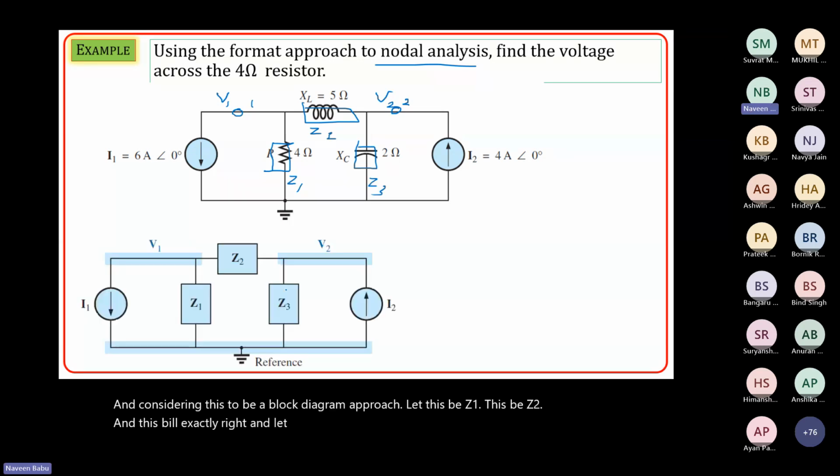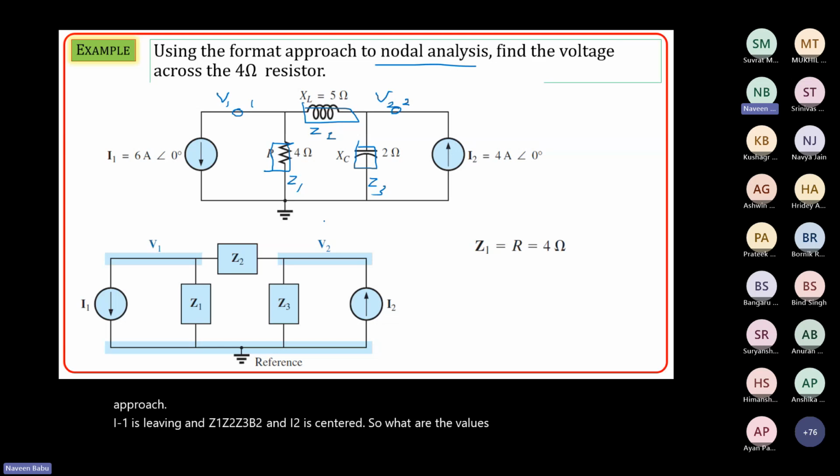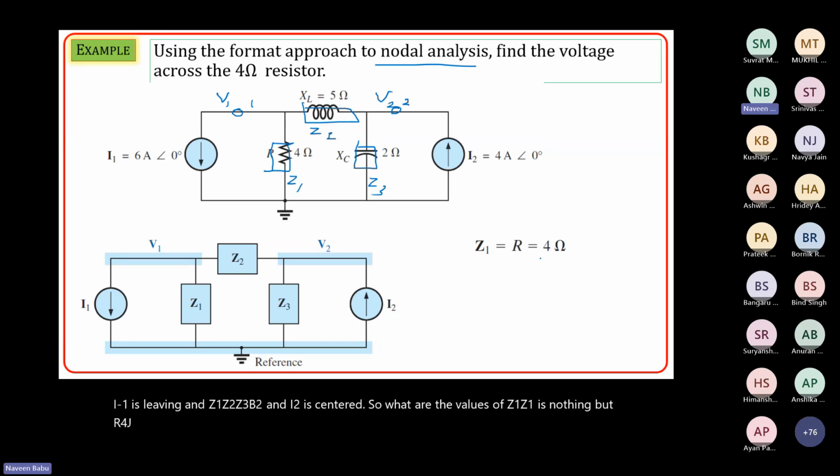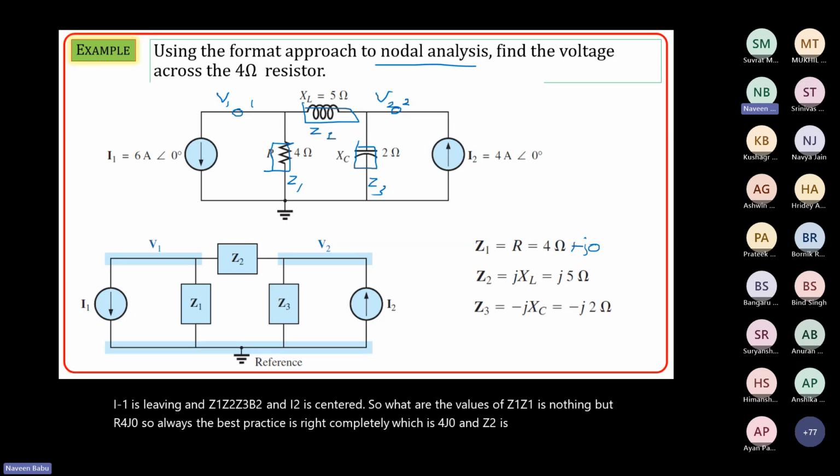Considering the block diagram approach, I1 is leaving, and Z1, Z2, Z3, V2, and I2 is entering. So what are the values of Z1? Z1 is nothing but R4 plus J0. The best practice is to write it completely, which is 4 plus J0, and Z2 is 0 plus J5, and Z3 is 0 minus J2.